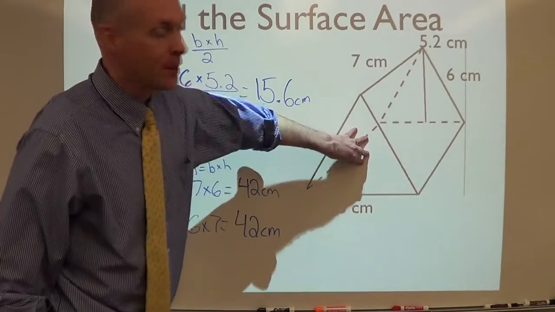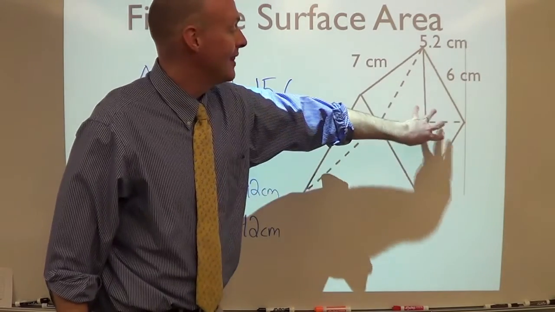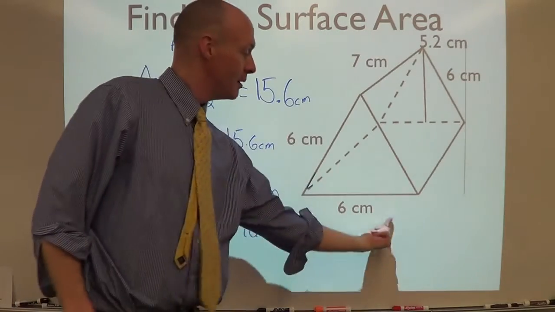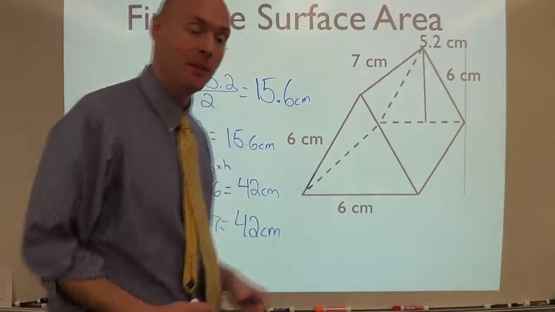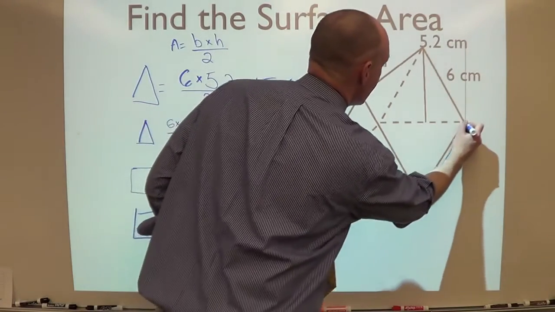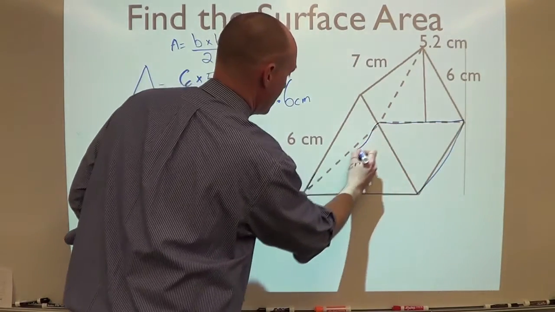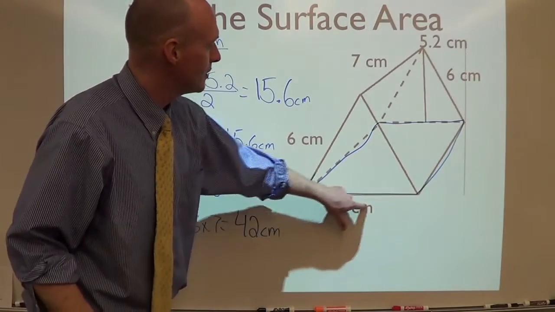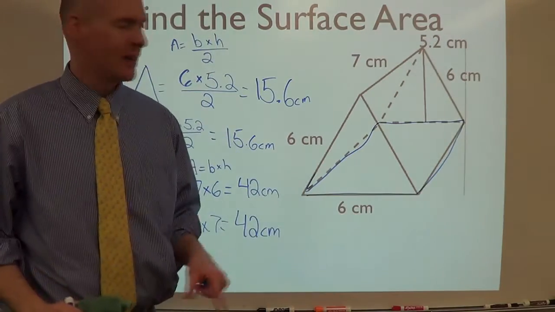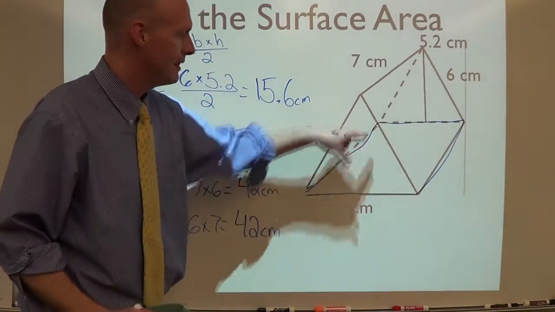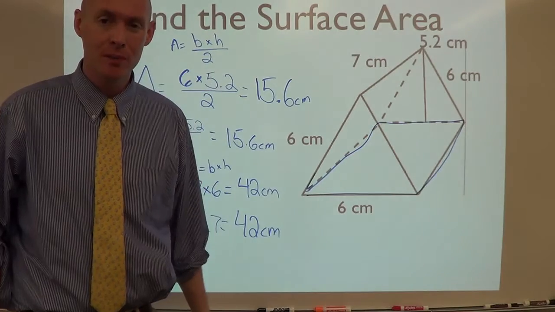We've done the front, we've done the back, we've done this side, and we've also done that side. Only thing left to do is the bottom. So let's look at the measurements. Okay, so here I have 6 as the base. Oh, but let's look. I don't have any measurement here, I don't have any measurement there, so how do I know which one to use?